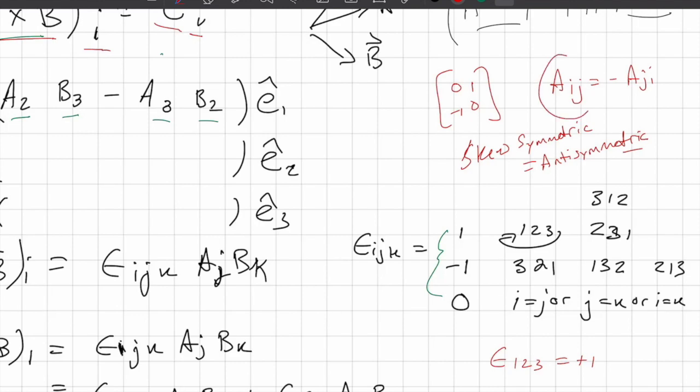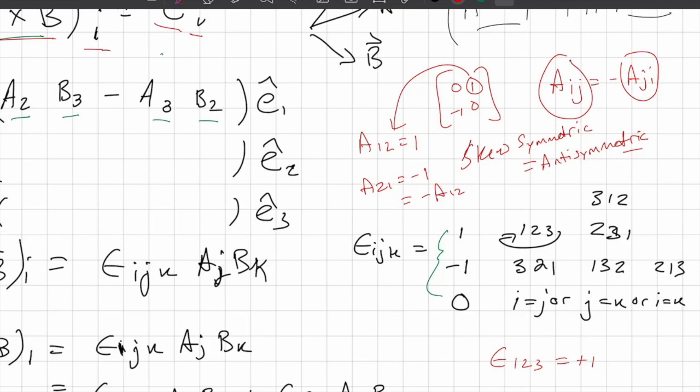Remember, Aij is just a number, and Aji is just a number. So let's imagine here I had A12. What does A12 equal? It equals 1, right? That's right here. A21, however, equals -1, which is minus A12. So when you swap the order of the indices, it produces a -1. That's what an antisymmetric matrix means.